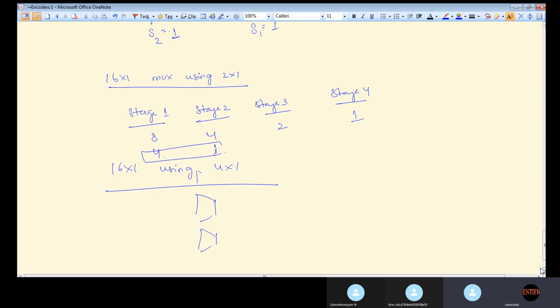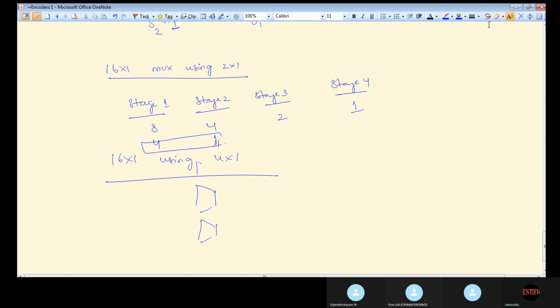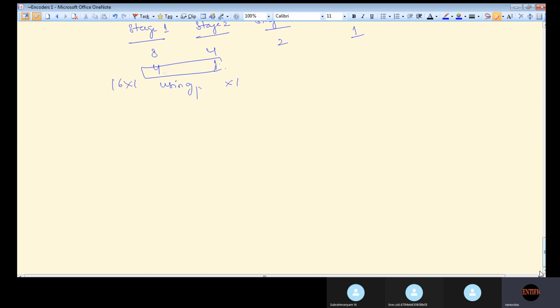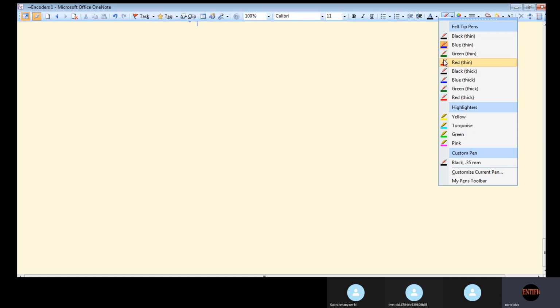Shall we move to the demultiplexer? Okay, we'll move to DEMUX. The multiplexer is called a data selector, and how about the demultiplexer? The demultiplexer is called a data distributor.